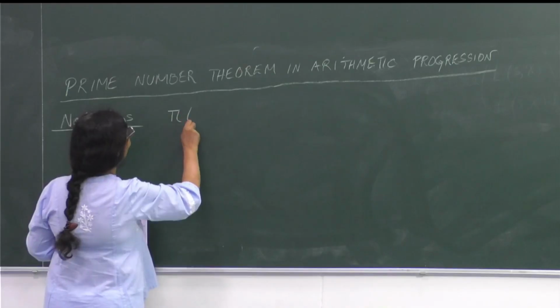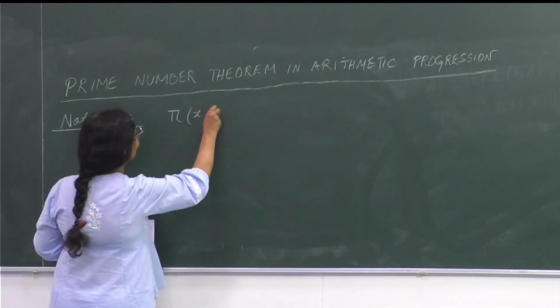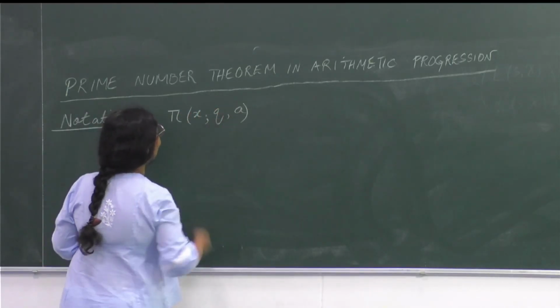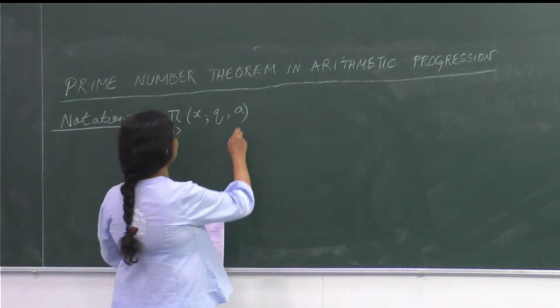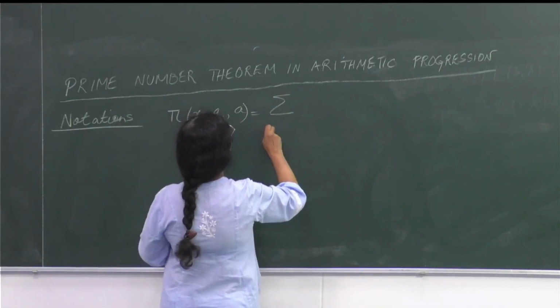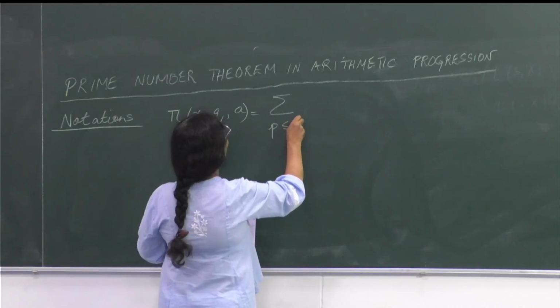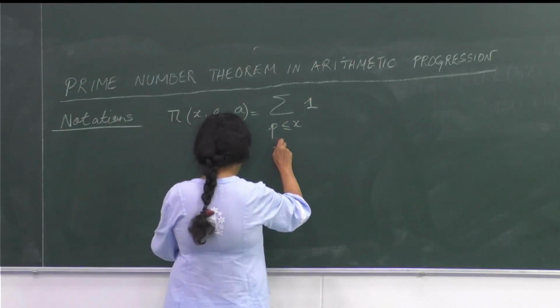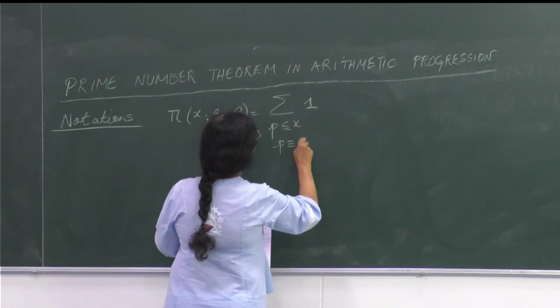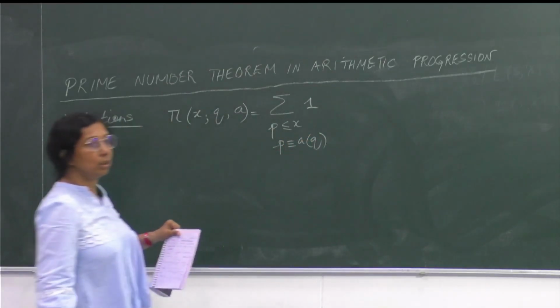So this is pi(x; q, a). The new thing here is the q. This is the number of primes less than x, but not all primes, only those primes congruent to a modulo q.